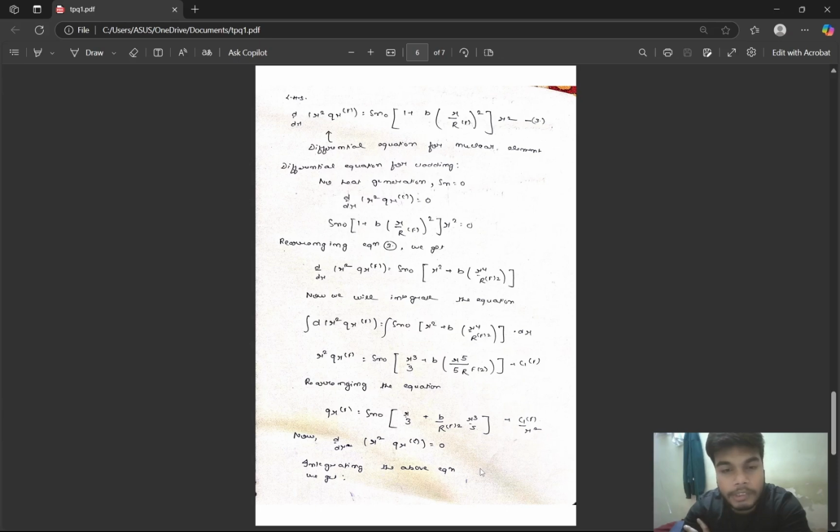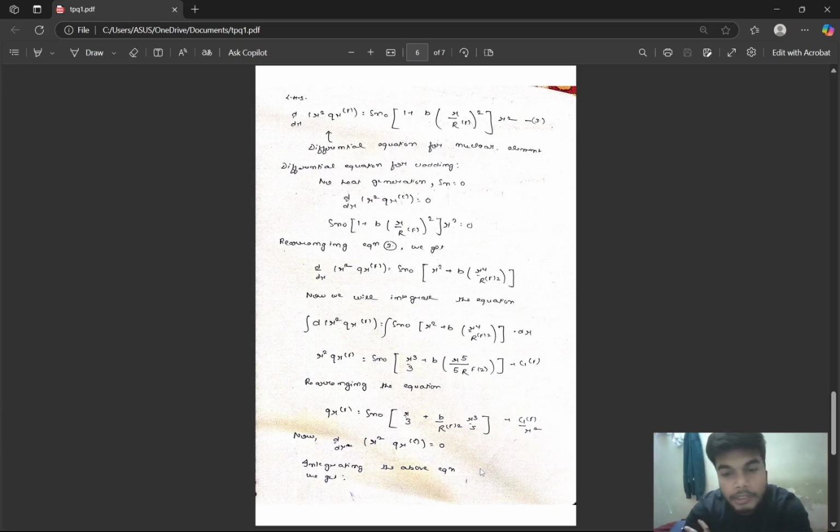Now we will integrate the equation. Since this equation is a function of r and the term inside is r square q_r of F, we integrate both sides. After integrating, we get r square q_r of F equals S_n0 times r cube by 3 plus b, where r to the power 4 becomes r to the power 5 by 5, into R_F squared, plus a constant C1.